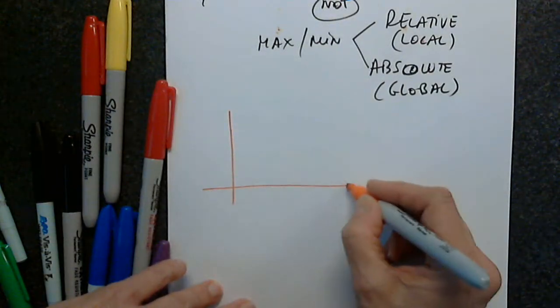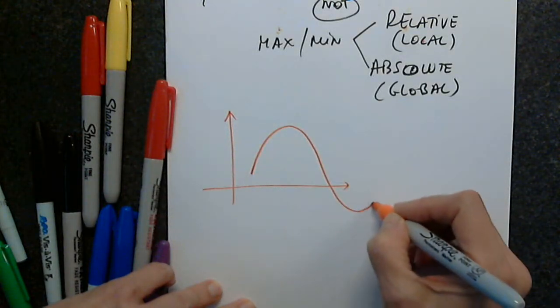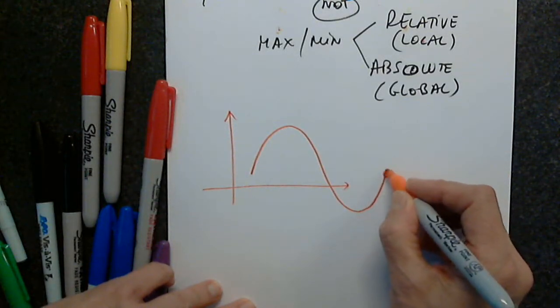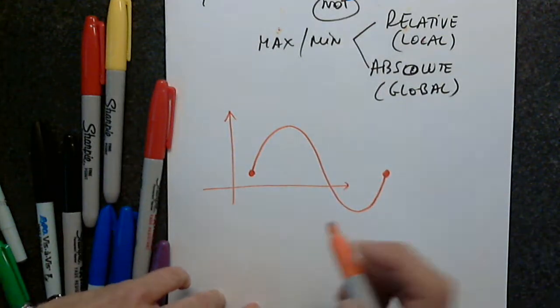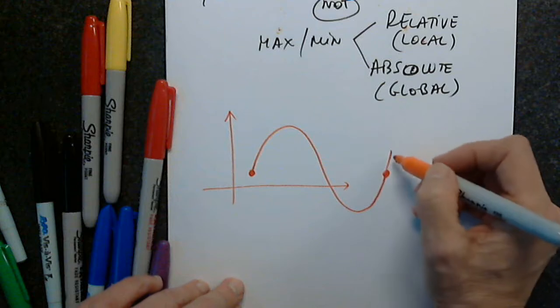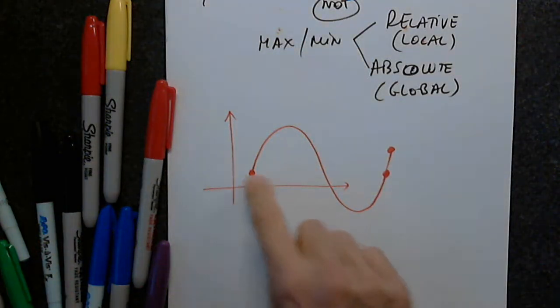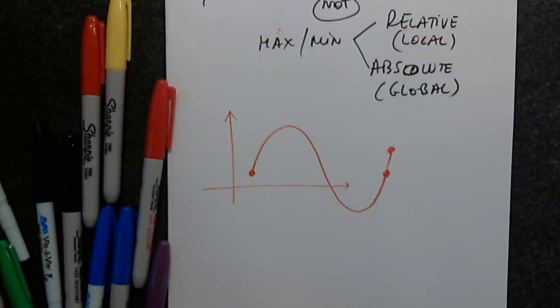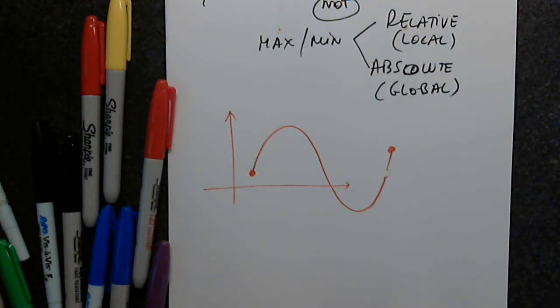So here's a function. Very simple situation. And let's say it ends here and it starts here. I don't want you to get the impression that they have to be the same, so I'm going to change that. I don't want you to think that they have to be at the same height. That's not connected at all to that. No connection.